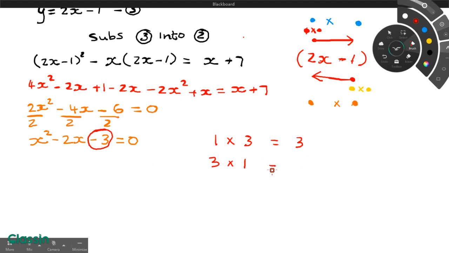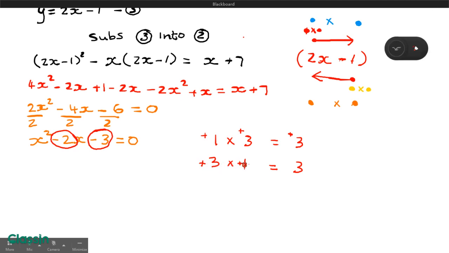But mine is still positive. Even here, you get 3, which is still positive. But what is the middle term? The middle term is negative 2. So it means that positive multiplied by a positive, the answer will be positive. Positive multiplied by a positive, the answer will be positive.